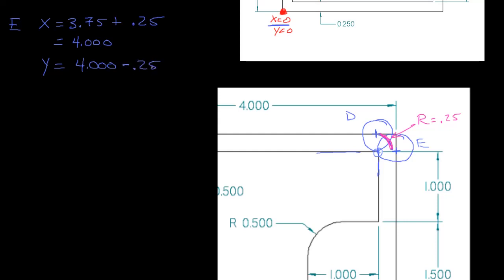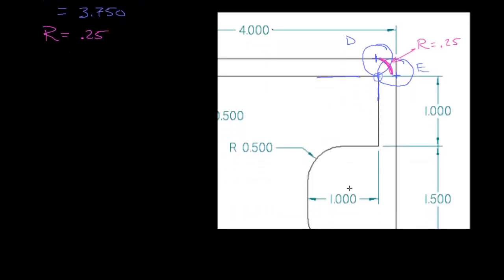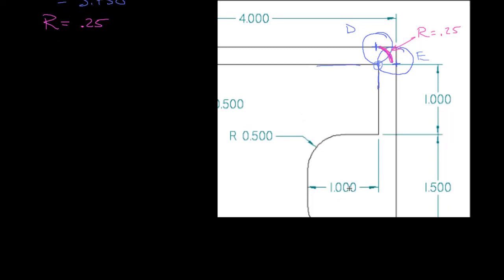It's negative 0.25, and so it equals 3.750. And it moved through a radius of 0.25 inches. Okay, so now we're going to go to point F. So F is going to be right here.